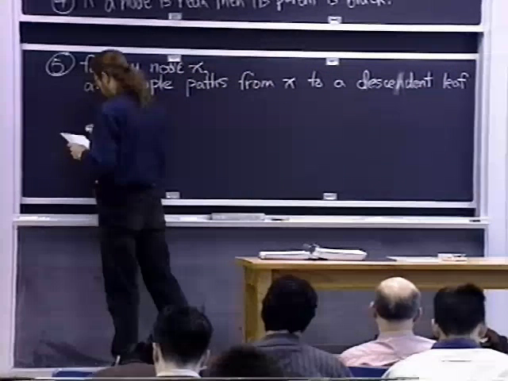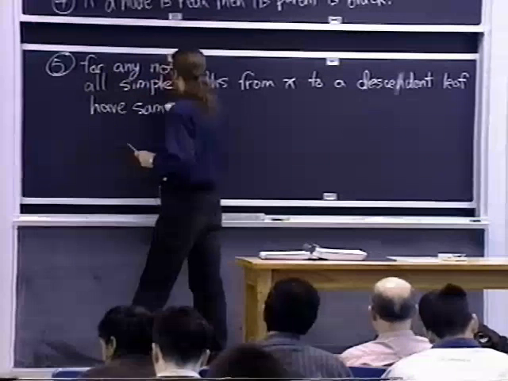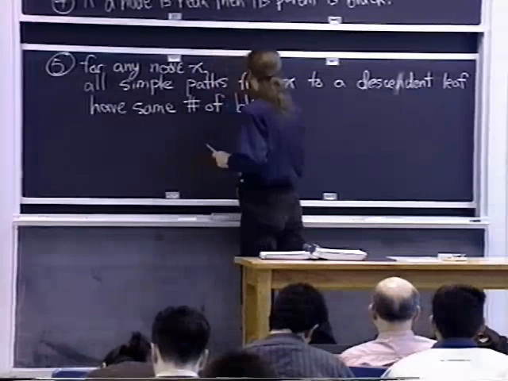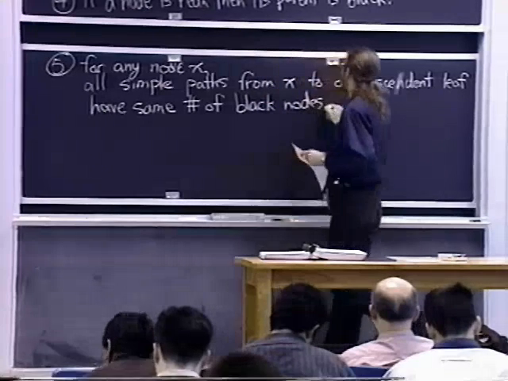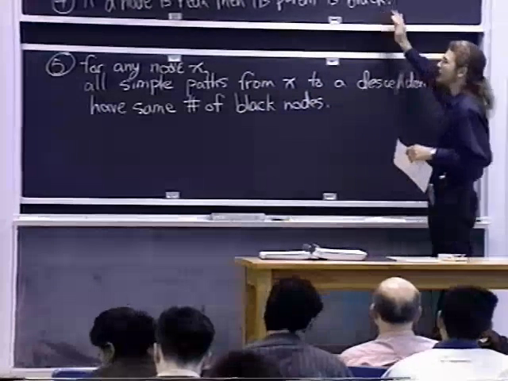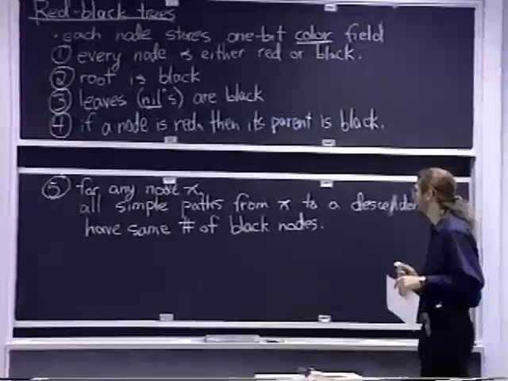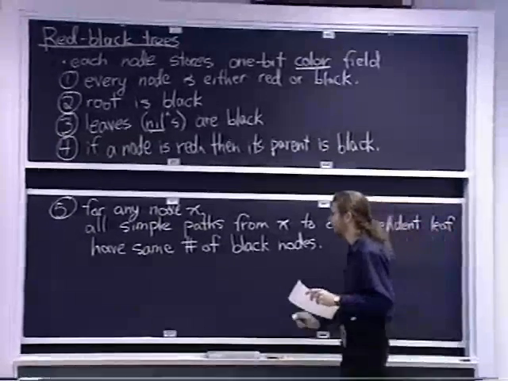So all of these paths have the same number of black nodes. We're not counting the red nodes in these paths. And we know that there aren't too many red nodes, and so this will do us well. That's the idea. But I don't want to jump ahead of myself.